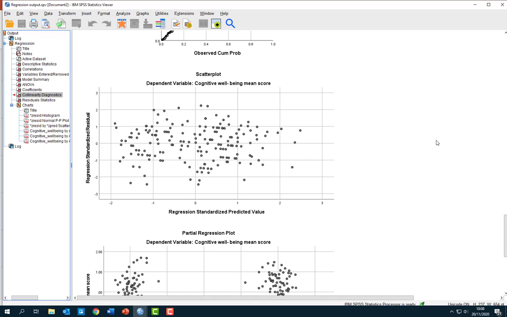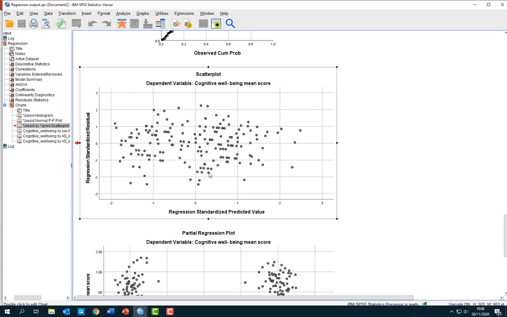If we have an issue with normality, then we start to see some shapes forming in here. If we have an issue with linearity, then what we'll see is some really clear curves, or an S shape. Now, it may be that there's something potentially going on here, but that might be because we've got that dichotomous variable. It's not too concerning. And you'll see what I mean when you look at your scatter plots about that.